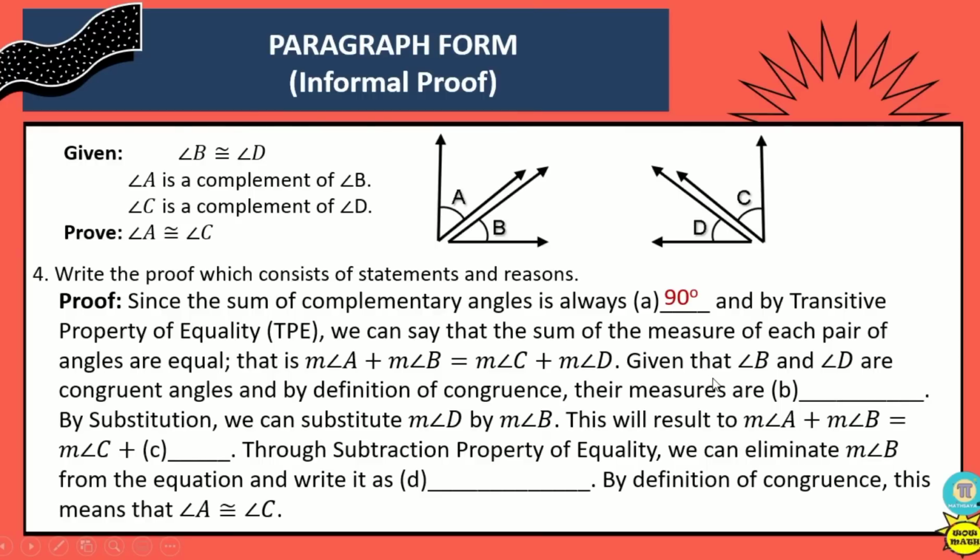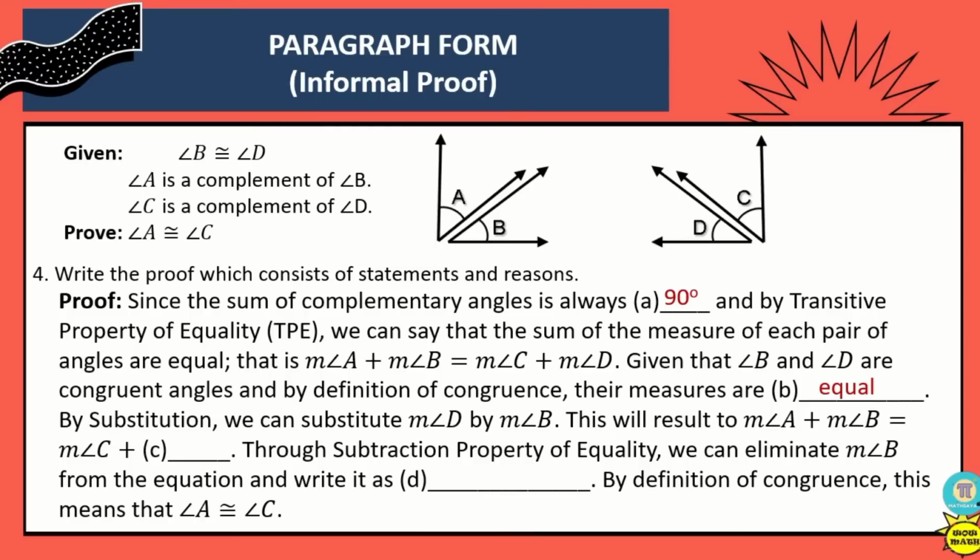So, given that angle B and angle D are congruent angles, by definition of congruence, kung congruent sila, therefore, ang measure nila ay equal. So, sabi ko nga, we cannot say that the angles are congruent if they do not have the same measures. So, dapat pareho sila ng measures bago natin masabing congruent sila.